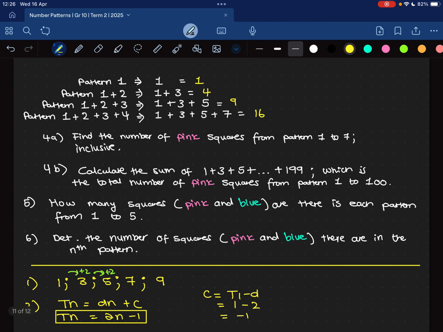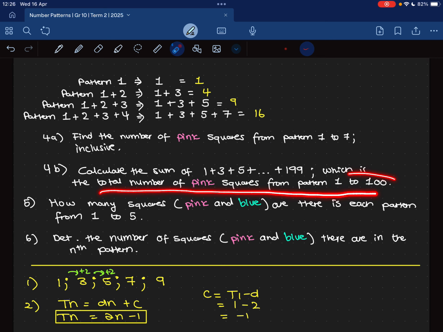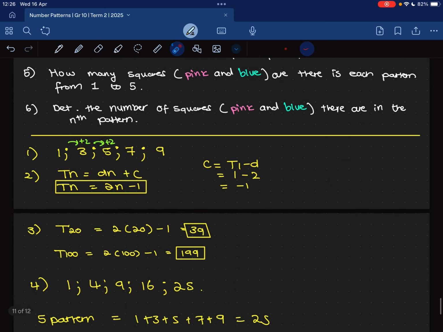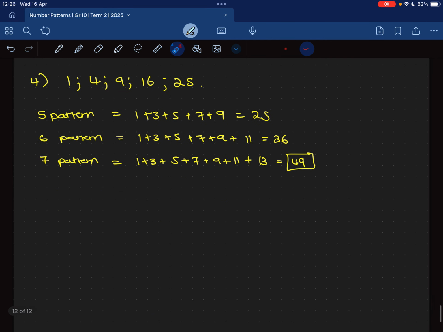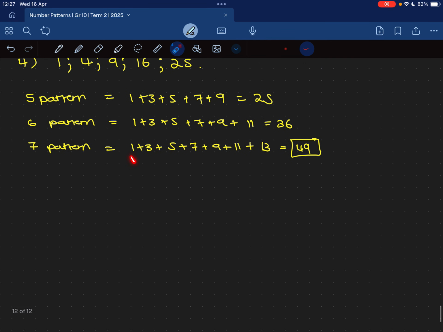Then it says calculate the sum of 1 plus 3 plus 5 all the way until plus 199, which is the total number of pink squares from the pattern 1 to 100. So now we encounter a bit of a problem. Doing 7 terms was fine, but we can't count in twos like this until we get to 100 terms.